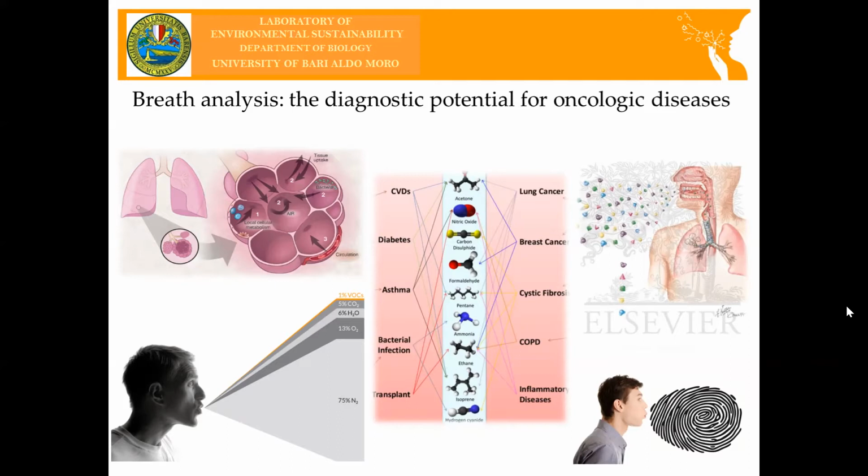Basic cellular functions, including energy metabolism and oxidative stress, are all known to be linked with VOC formation. Therefore, it's reasonable to assume that the VOC composition of the exhaled breath, that is the breath print of the individual subject in each respiratory act, depicts the cellular physiological status and then the overall health state.